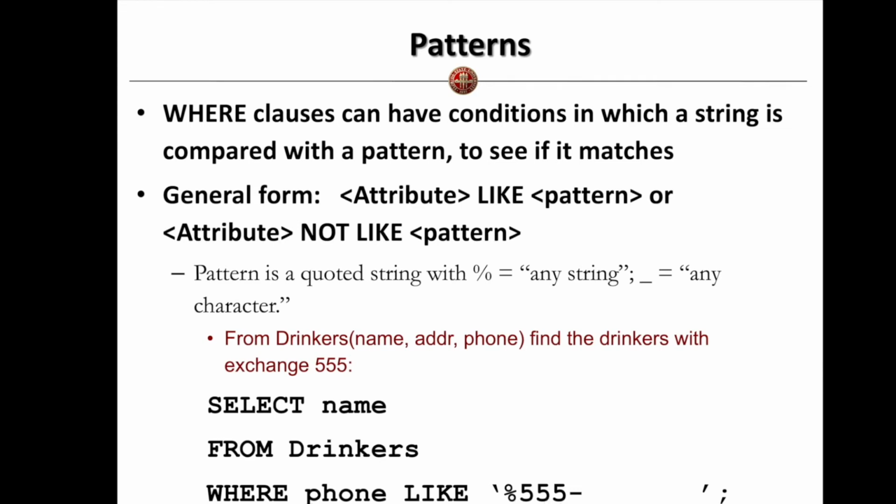And these underscores, we have four underscores denoting any four digits. In this way, we can match this phone number with this pattern, with any numbers before 555, 555 in the middle, and also followed by four other digits. This defines the pattern for the phone numbers with 555 as the exchange number. So this is for the where clause.